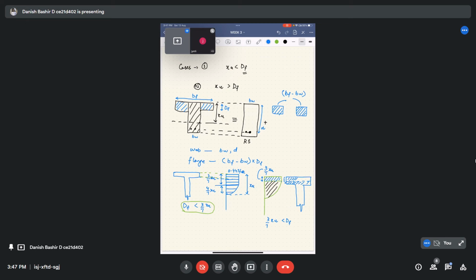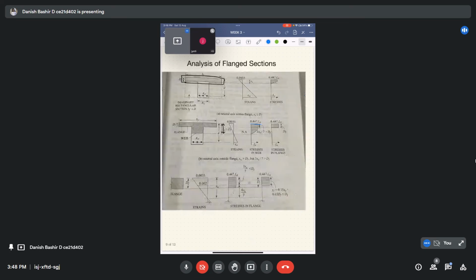We don't have a uniform stress here of 0.447 FCK. For that, code gives a recommendation that instead of using DF, use an effective flange width YF. I have written the formula here.